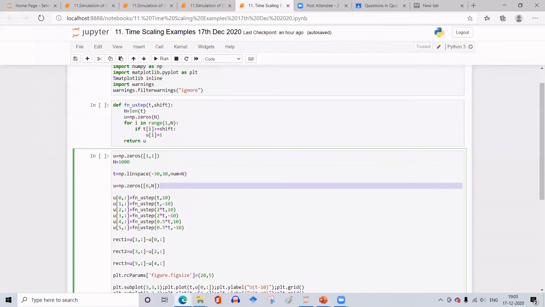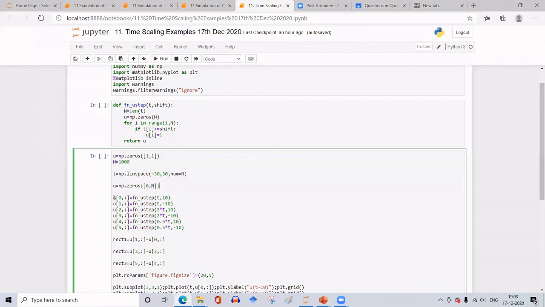Since I need 6 different step functions to generate the original problem and then 2 time scaled versions of it, I am taking 6 rows and n number of points in each row.